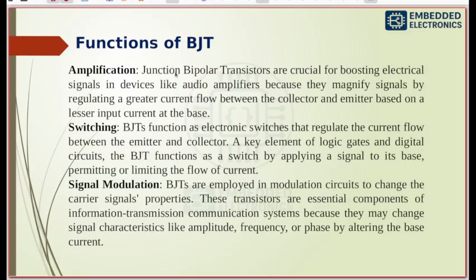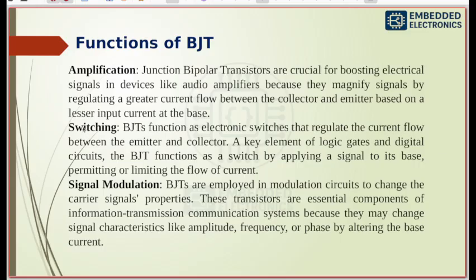The junction bipolar transistor is crucial for boosting electrical signals in devices. We use it in audio amplifiers because they magnify signals by regulating a greater current flow between the collector and emitter based on a lesser input current at the base.